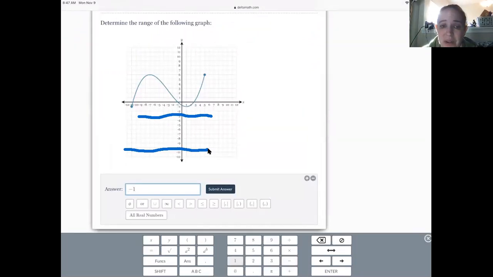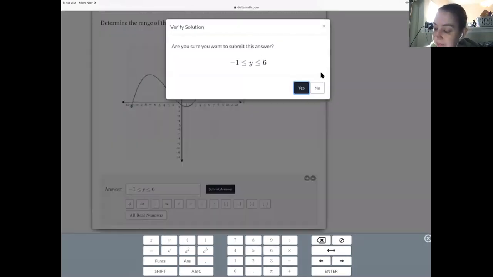Now, you have to do your own symbols on this one, which I know makes it a little bit trickier because on my notes, I have the symbols there already. But this is going to be -1 less than or equal to y, which is less than or equal to 6. So because we're going up and down, that's a y equals, and it goes as low as -1 and as high as 6. So that's my answer.